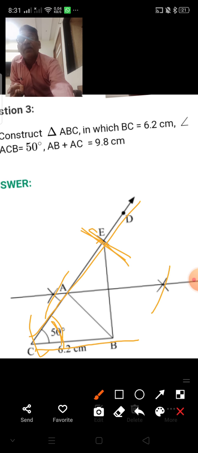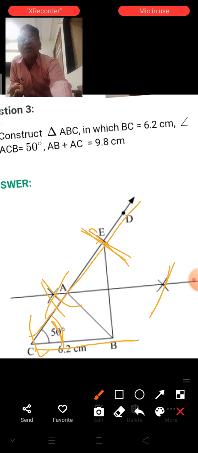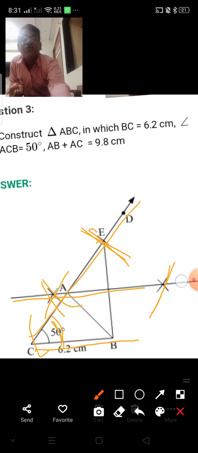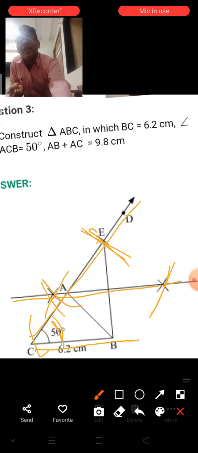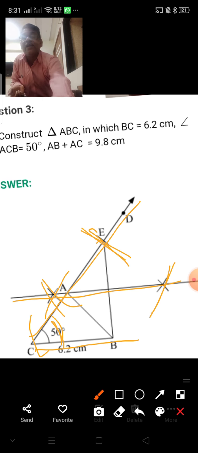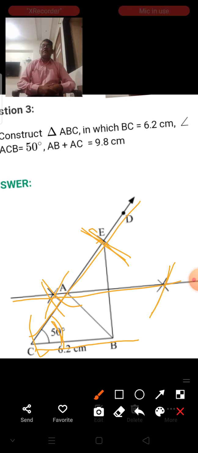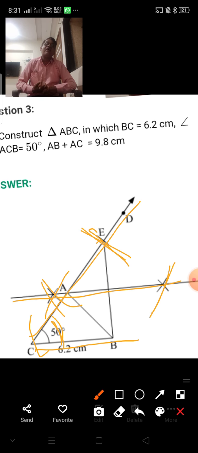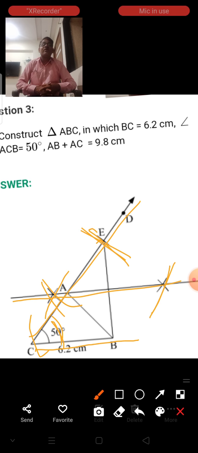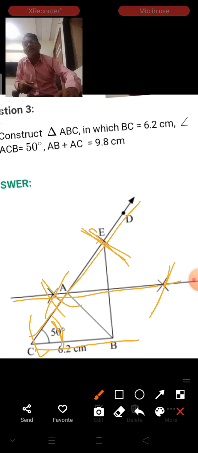Then you have to keep the compass on E and draw the arcs to the previous arcs. You get two arcs here and draw the line passing through these two arcs. So you get one line which intersects CE at point A. This is your point A. So join AB, then you get ABC. This is the required triangle ABC. In this way you can draw the triangle ABC also.